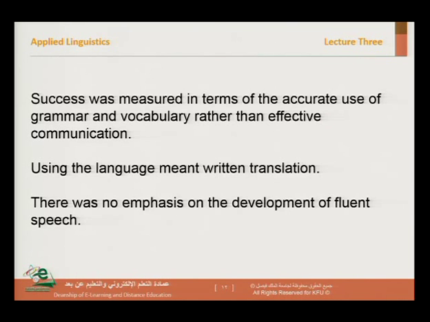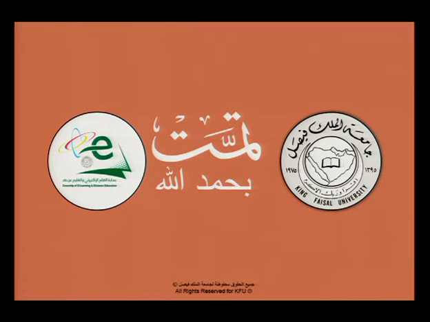So they were not allowed to speak in the class as they were actually busy doing the grammar activities and translation at the same time. This is actually what we wanted to cover in this stage of the course.